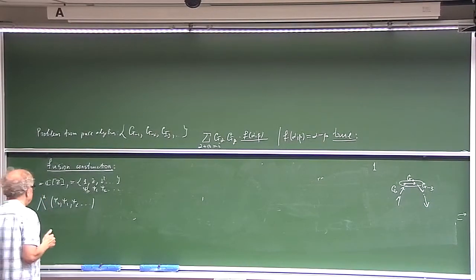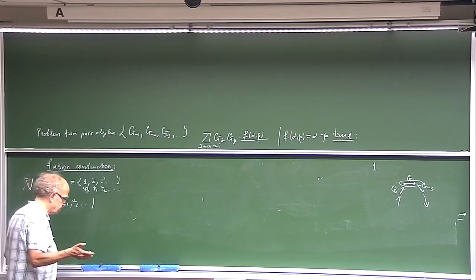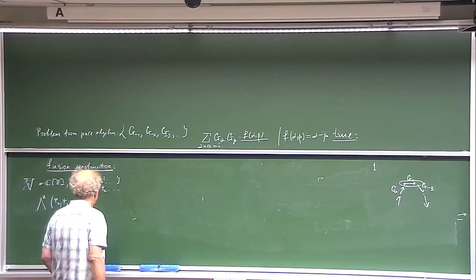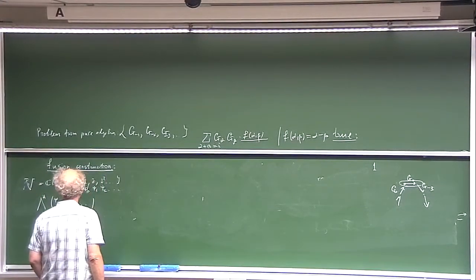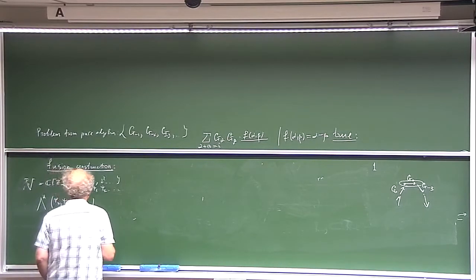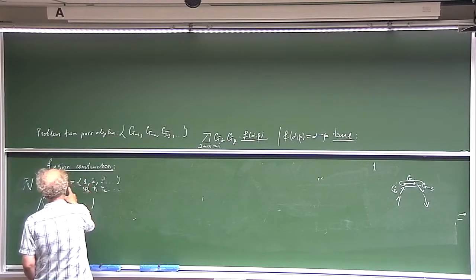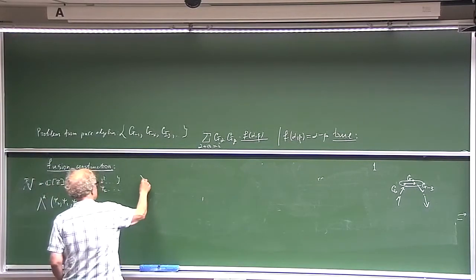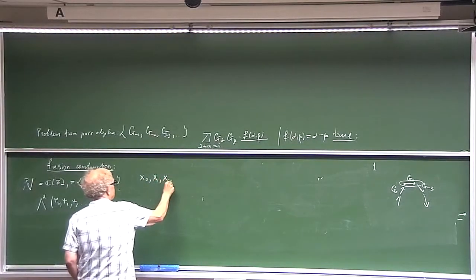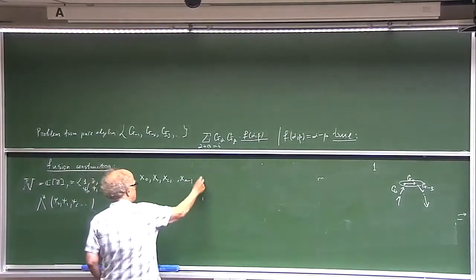After that, I can proceed in the same way as yesterday. It means that I choose some x0, x1, x2, and so on, x n minus 1.